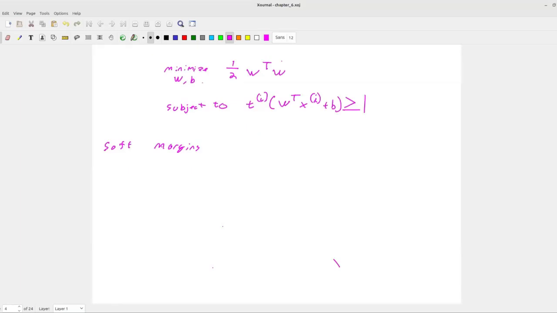So the cost function, if we have soft margins, is to minimize, again, our weights, our bias term, and now we also want to minimize zeta. And we're going to have 1/2 W transpose W, just like we did before, plus C times the summation of i equals 1 to m of zeta of i.